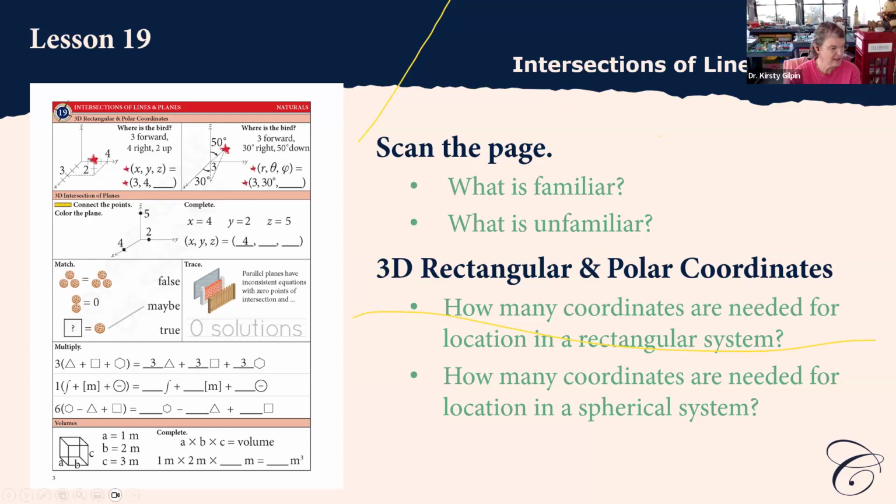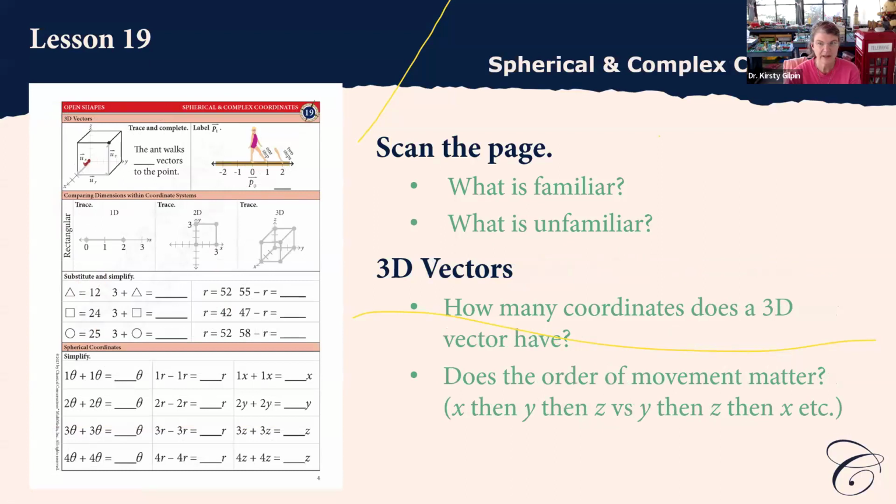All right, let's take a look at page 4. And we're continuing to look at these different types of coordinates and how we're building these coordinates in 3D. We're also going to take a look at 3D vectors.